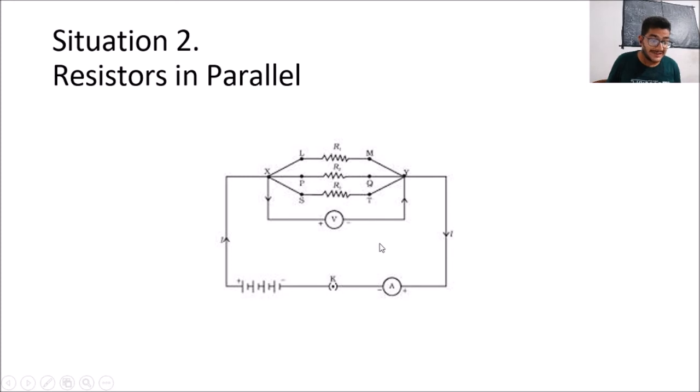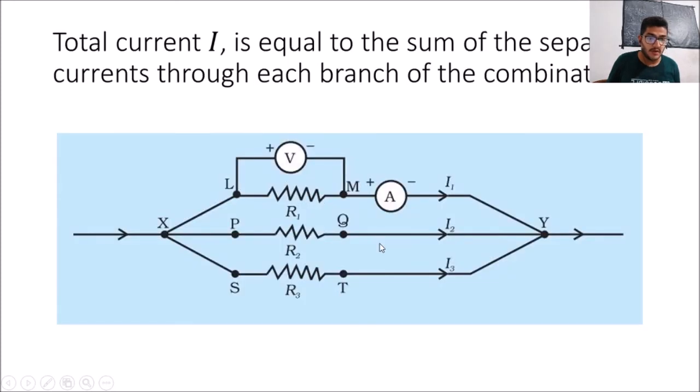What is changing? Total current is the sum of the separate currents. Understood, total current is separate, like I1, I2, I3, after passing through the resistors. So the total current will be I1 plus I2 plus I3.